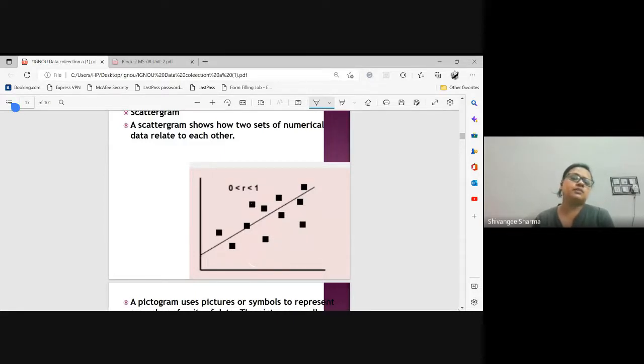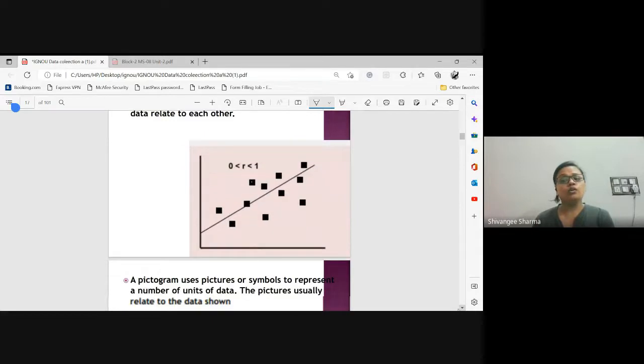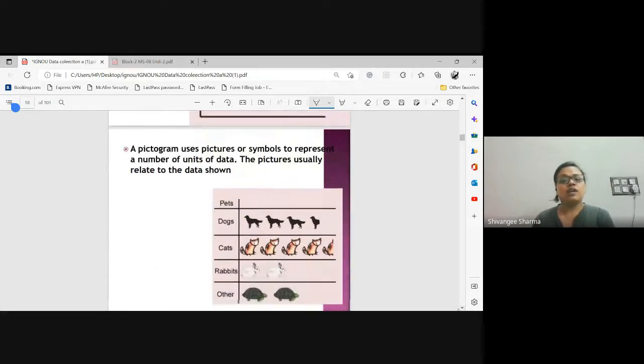Here we can see that in this scatter diagram, a particular line or a particular increasing trend can be seen. And there is very little deviation in the values from the central line. They are not too much deviated. So a scatter diagram is used when you want to identify the variation.